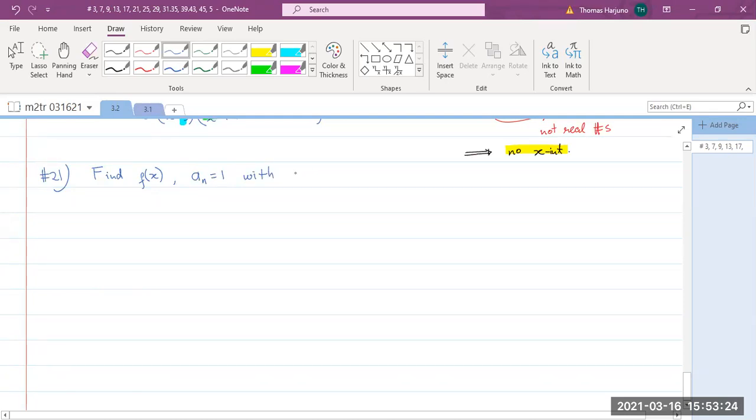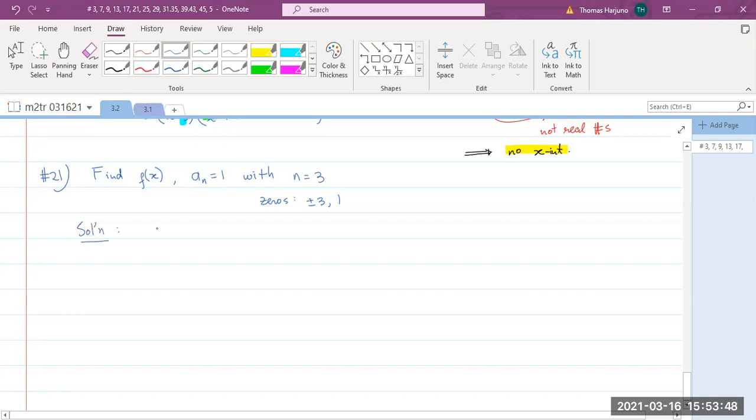With degree of 3, that's number 21, the degree of 3. The zeros, they give us 3 zeros also: plus or minus 3, and 1. Now we need to find that polynomial.